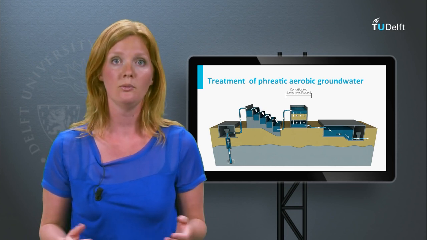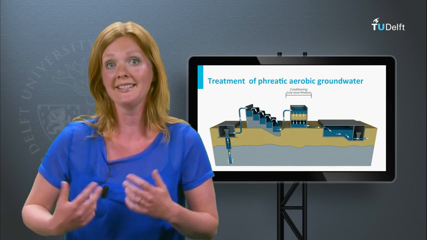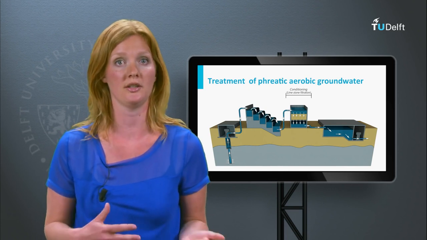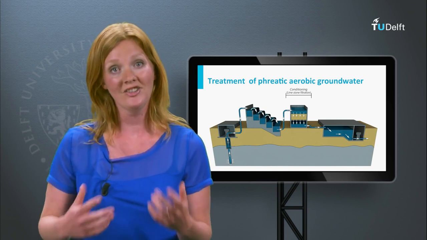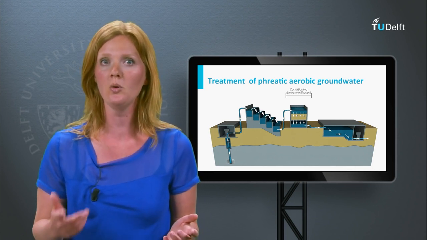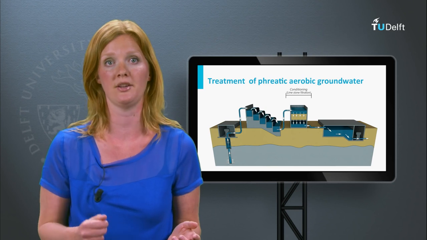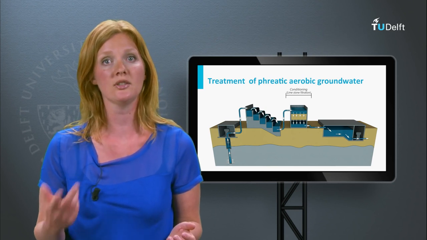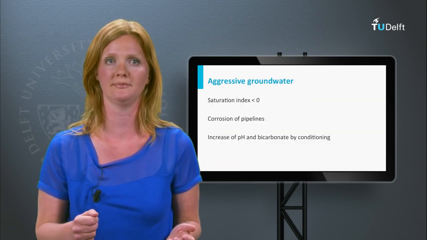The aeration phase will increase the oxygen concentration and at the same time reduce the carbon dioxide concentration. Conditioning is desired when aerobic groundwater is abstracted from sandy soils where no calcium is available in the subsurface. The water is called soft or aggressive water.